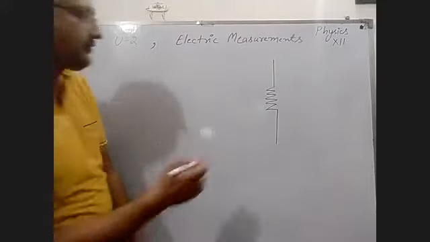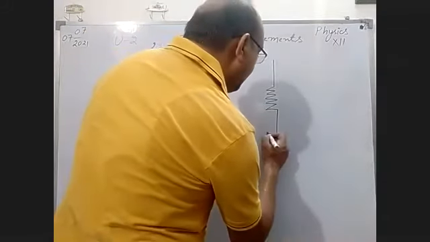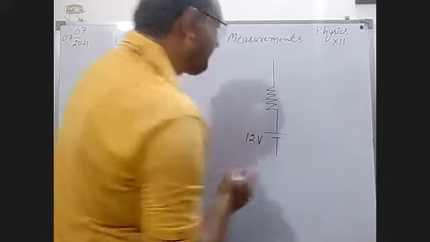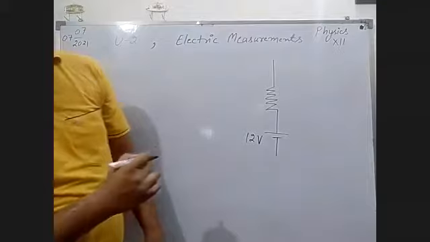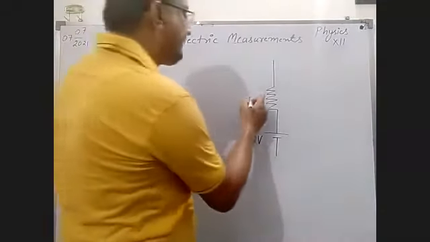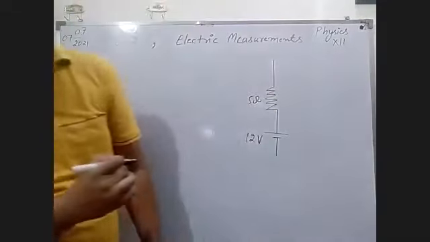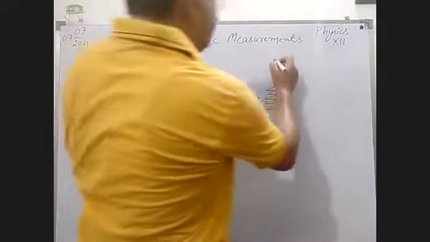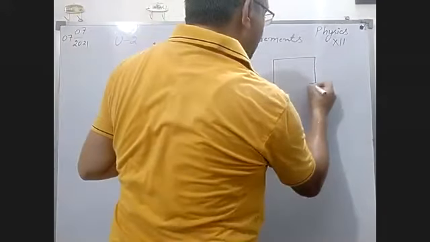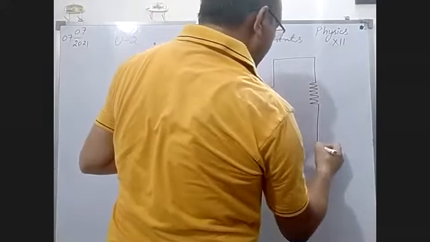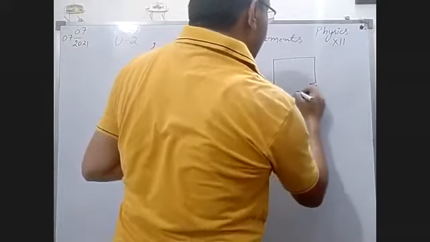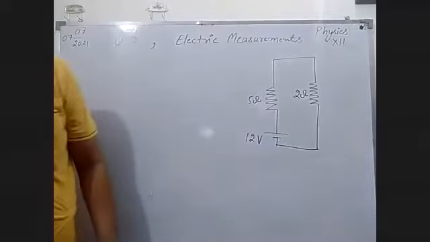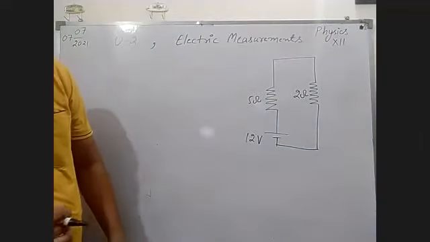A battery of 12 volts, a resistance of 5 ohm. Now 2 ohm, in the third 3 ohm and 6 volts.